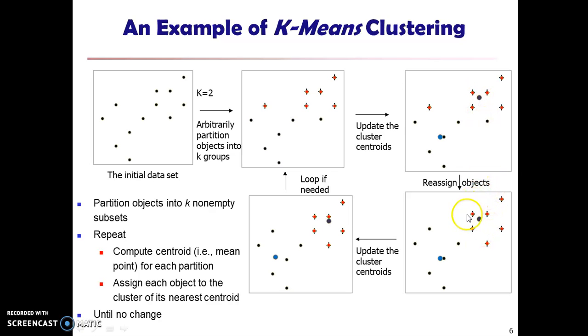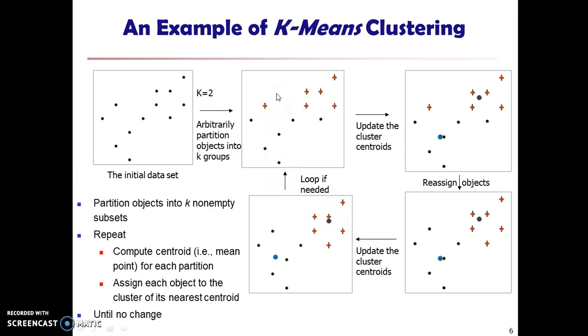So you will be having two clusters. This is one cluster, this is another cluster. See here, this will be moved to here and this will be moved to here. So it is moved to here and this is moved to here. So we have two clusters. Then update the cluster centroids. So where we located this centroid, that must be updated. Okay, it is updated. And again you have to do the same step.